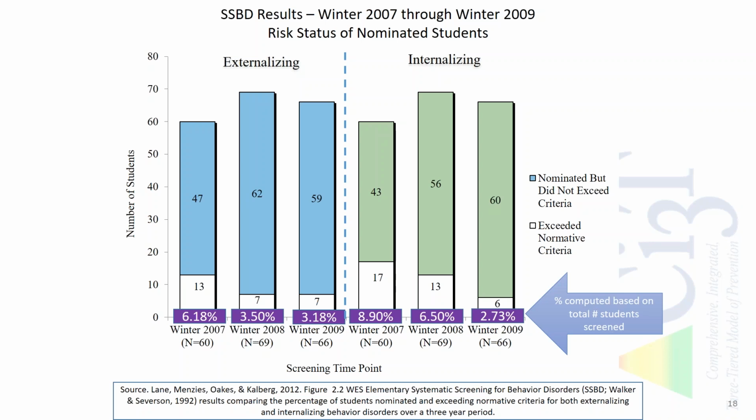When they did this screening with the SSBD, a tool that begins with nomination and rank ordering, there's a definition for externalizing: more boisterous, acting out, non-compliant, aggressive, defiant. Teachers rank order kids from most like to least like on that dimension.